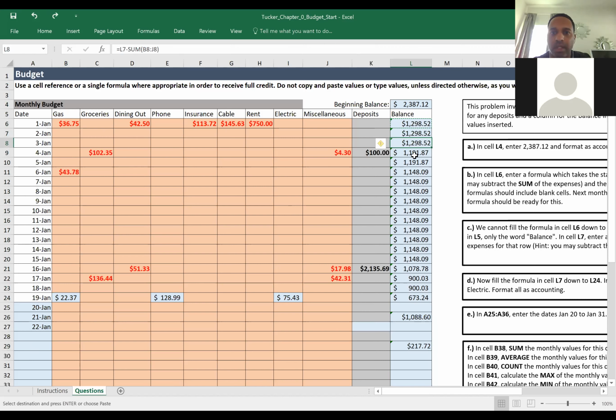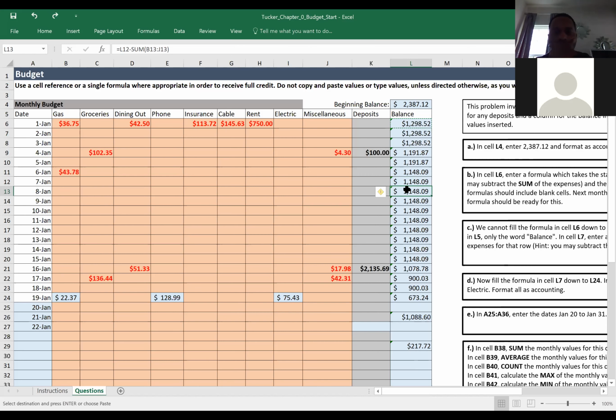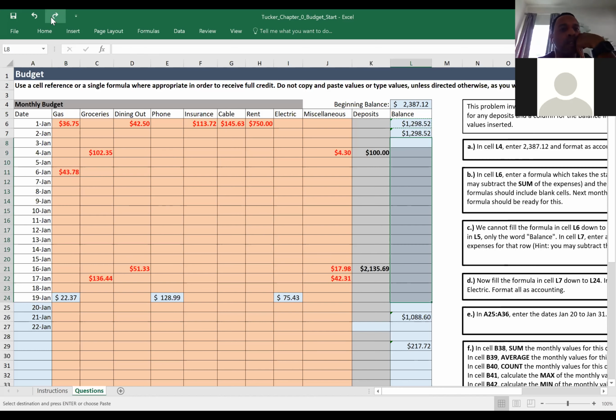L7 minus B8. L8 minus B9. And it may take something like this. You go back and forth, troubleshoot what you have, figure out what's going on. And these are supposed to be the same because there are no values here. It subtracted this one, and that's why it changed from here to here, but the rest of them should be the same. Then it should change here. So this is right, but why did it not take the last time I did it?